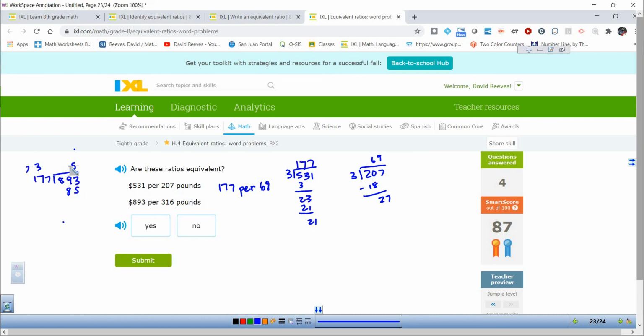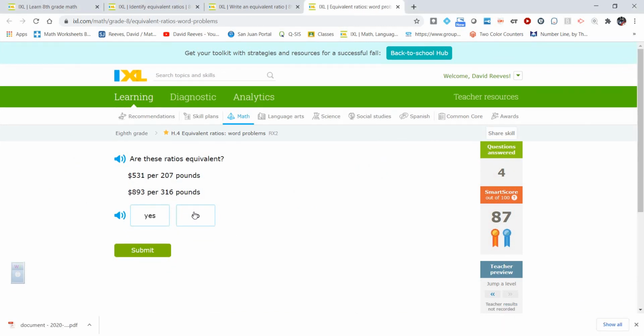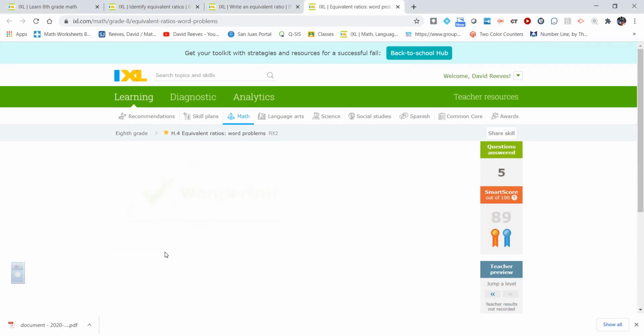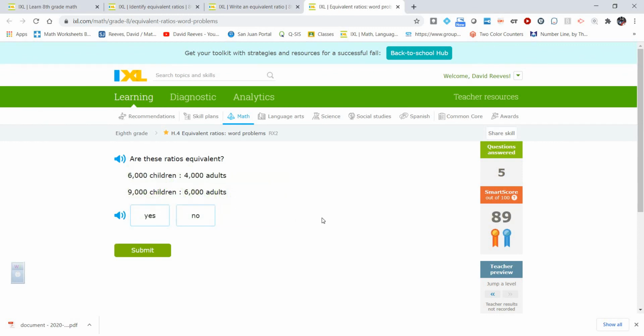Carry the 3. And that is going to give me 8. It's not going to go in evenly. You know what? This answer is no. Alrighty. Okay, that was probably the most difficult one. We didn't have to use a calculator on any of them. That might have been one where getting out a calculator and doing some work might have been appropriate. Certainly not for this last one here.